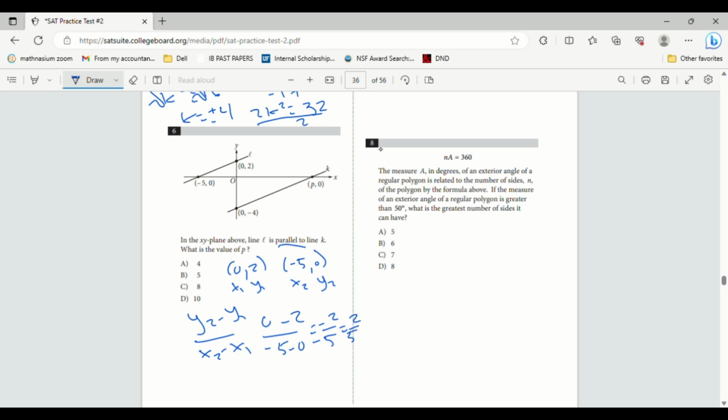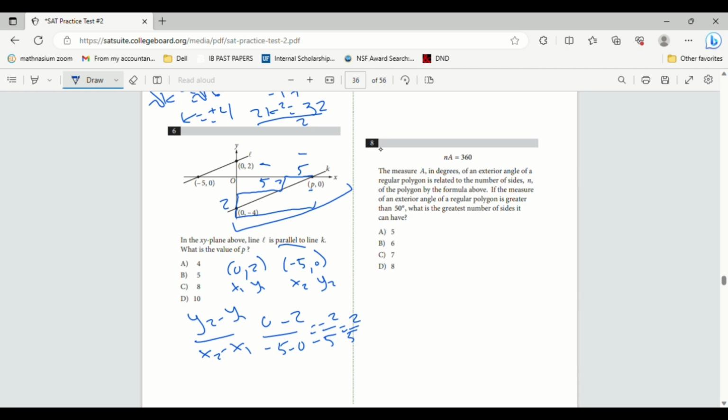And so what that means is that for every 2 units you go up, you go 5 units to the right. And so that holds true for line K over here, the second line. So line K will also have the same slope. So if I go up 2 over 5, up 2 over 5, and then up 2 over 5, that gets us to P. So we traveled in total 10 units, because we went 5 units over and then 5 units over again.